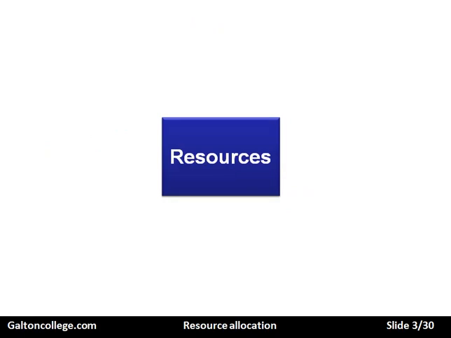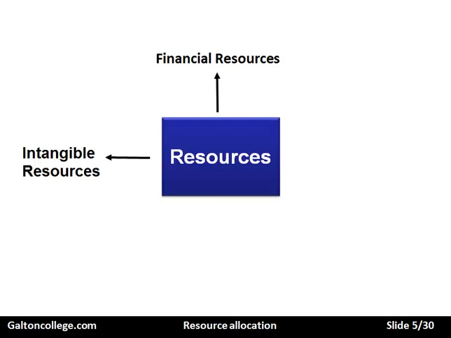So when we think of resources, we can think of financial resources of the business, which we'll discuss in detail in a second. We can think of the financial resources, the cash that's available, the working capital, and so on. Then we have the intangible resources. Intangible, can't be touched.